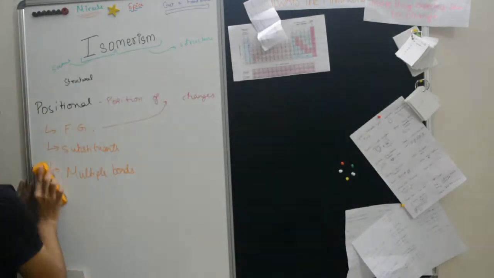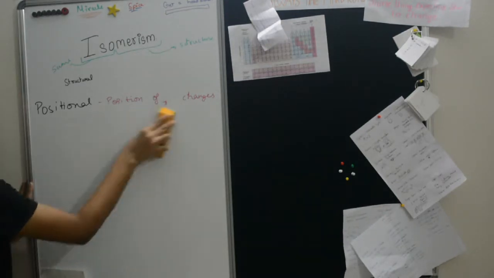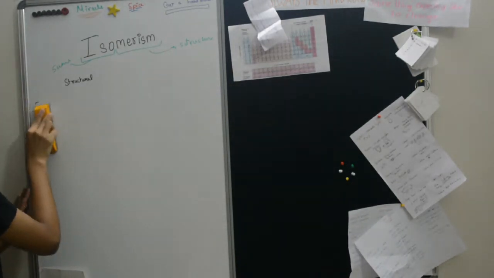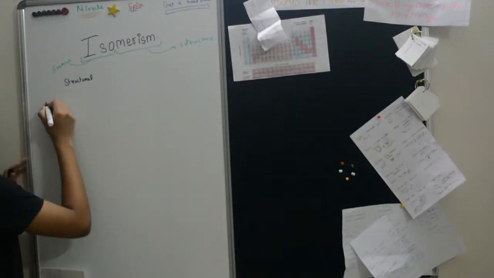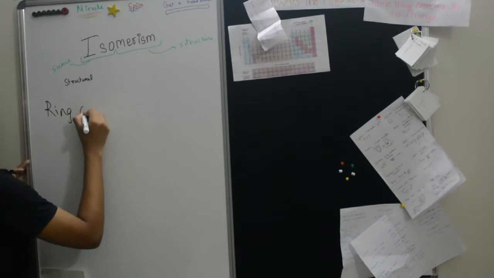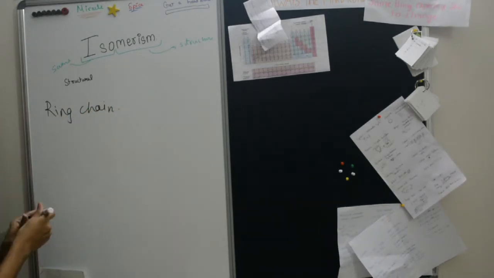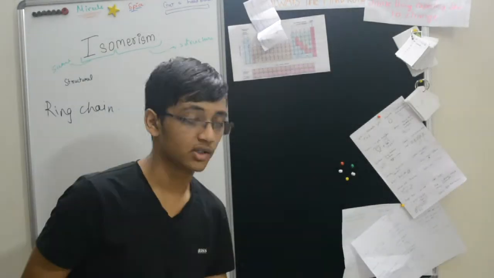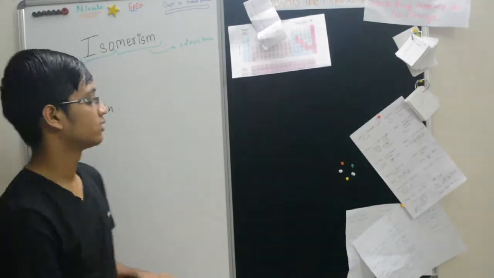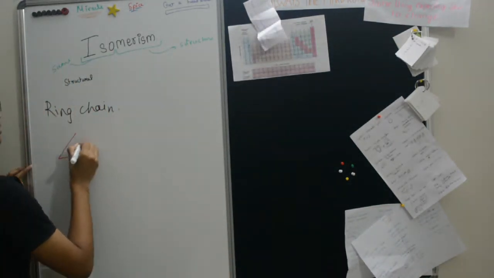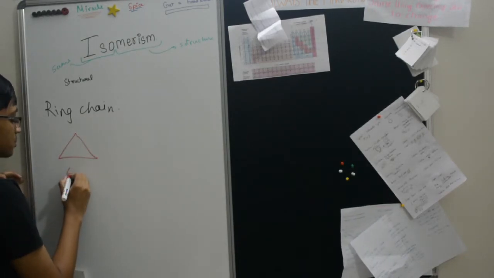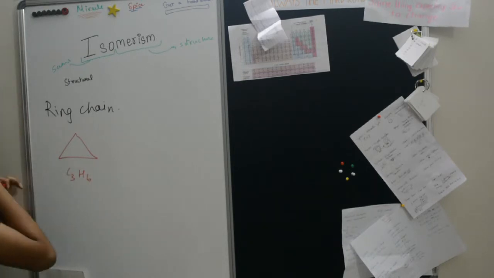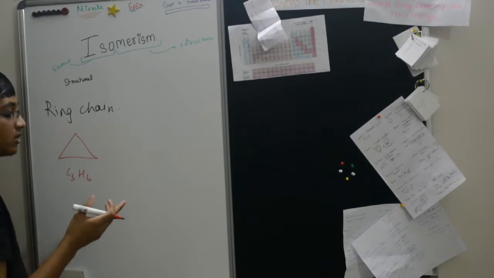Next, we also move on to ring chain isomers. Now, for ring chain isomers, you should remember the ring chain. As the name suggests, ring chain basically means that there is a ring and there is a chain. So, for example, if you take this right here, which is cyclopropane, the formula is C3H6. Each carbon has 2 hydrogens.